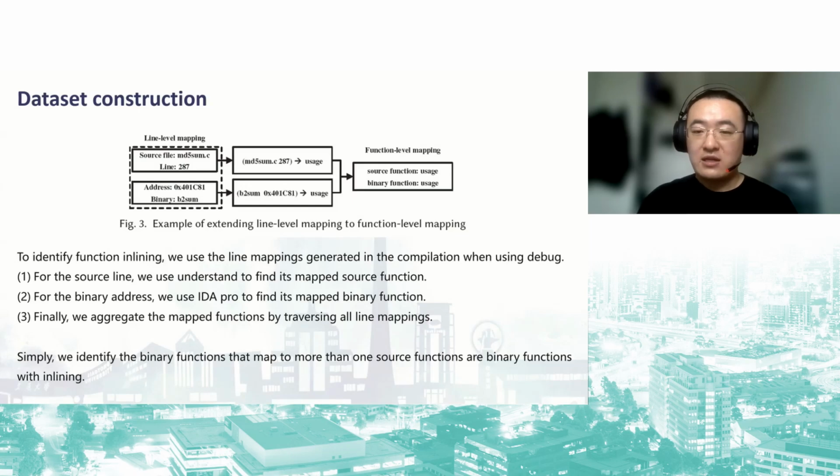Then we get all the function mappings of a binary to source. And simply, we can identify inlining by identifying the binary functions that map to more than one source function. So, through this approach, we can label our dataset with inlining.